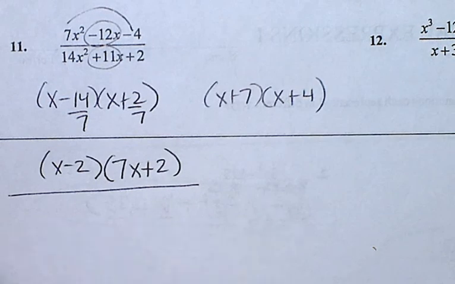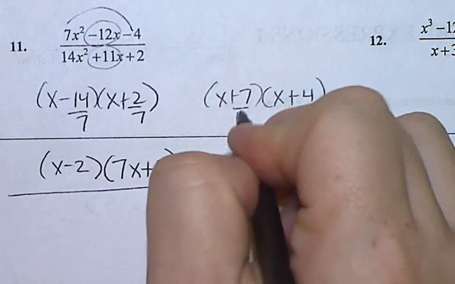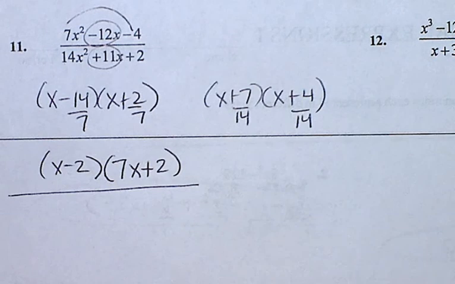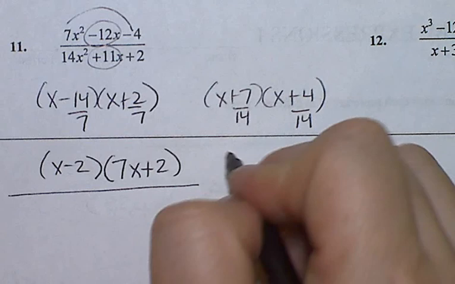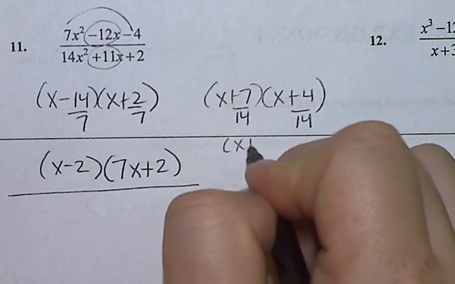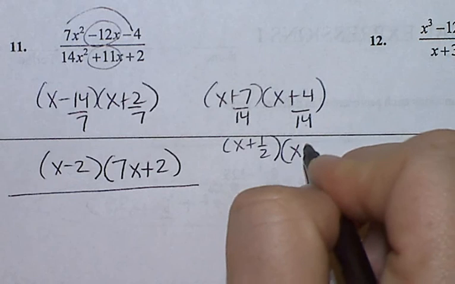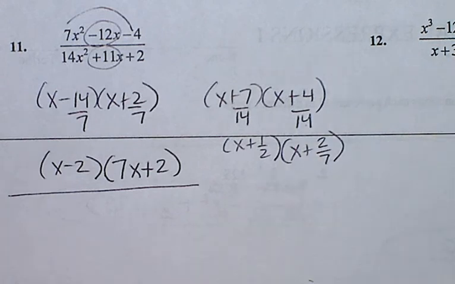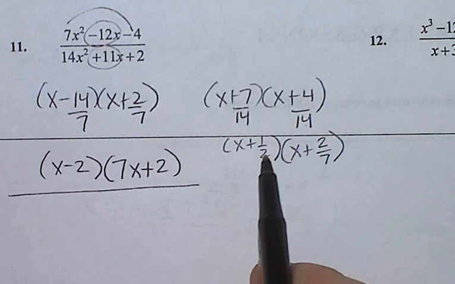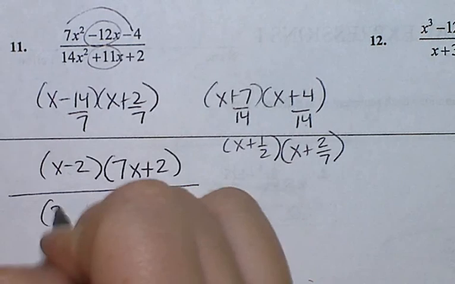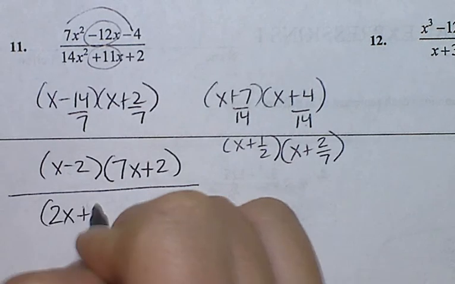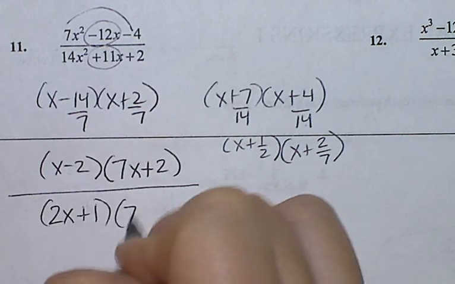Take the leading coefficient of 14 and write it underneath both numerical values. 7 over 14 reduces to 1/2. 4 over 14 reduces to 2/7. Okay, since both fractions are already reduced, we're going to push up the bottom number. 2x plus 1 and 7x plus 2.